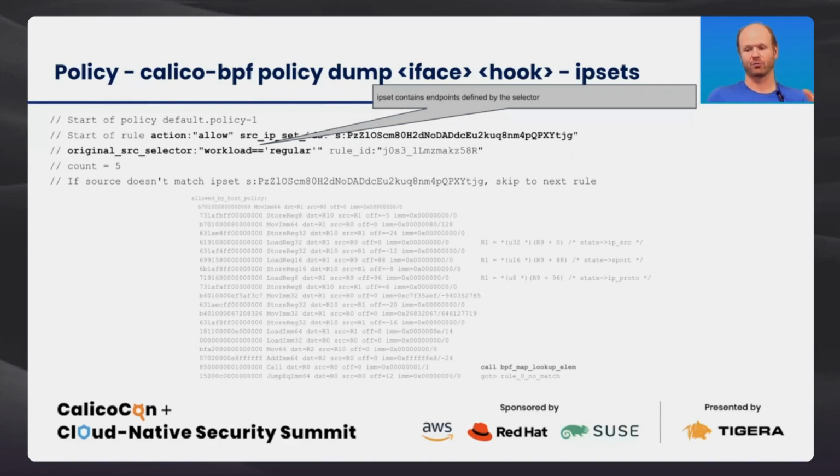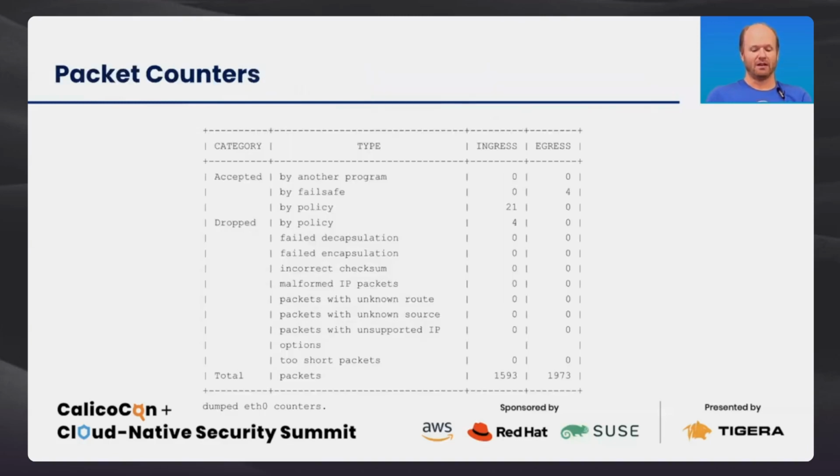The selector collects a bunch of endpoints, a bunch of IPs that we have to match against. So the policy dump would also tell you which of the selectors created what sort of IP set, and then you can use the Calico BPF ipsets dump to actually look at the individual IP sets, whether they match what you were expecting.